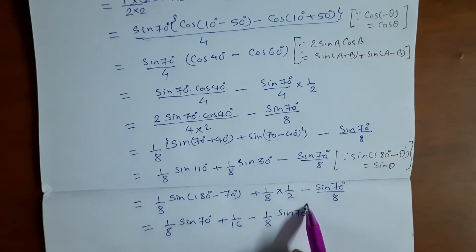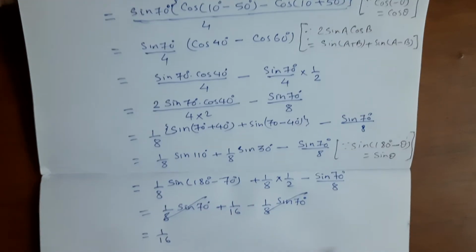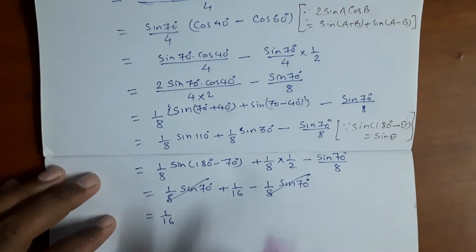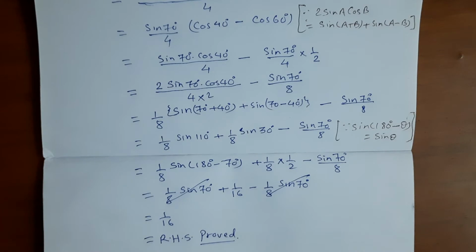So the minus sign term and the plus sign term cancel, and it equals 1 over 16, which is our right hand side. Proved.